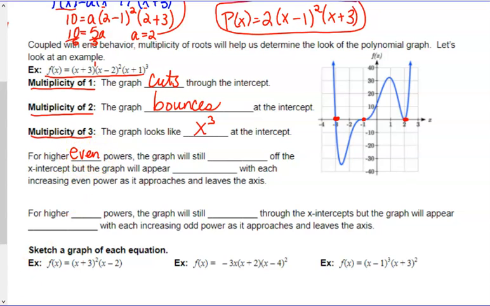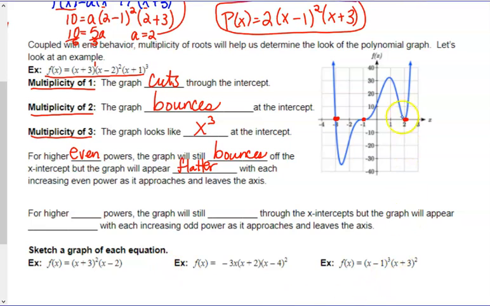So here's what happens when we get higher powers. We're not going to work too much over 2s, 3s, and 1s. But if you were to get up into the 4s and 6s and 10s as powers, for even powers we bounce. So it still bounces off of the x-intercept, but the graph will appear flatter with each increasing even power as it approaches and leaves the axis, okay?